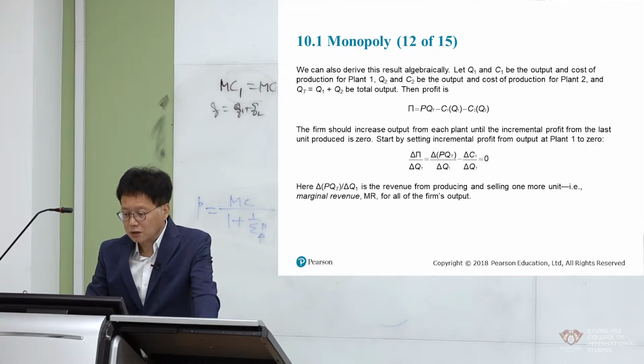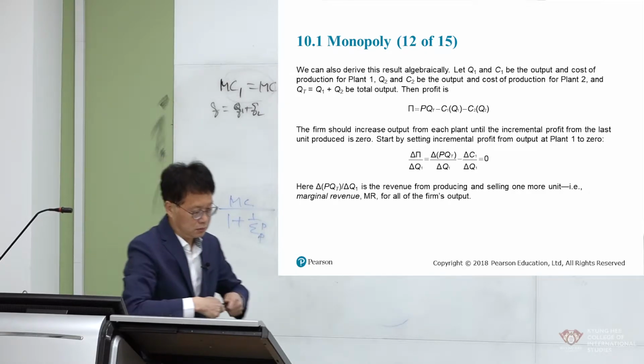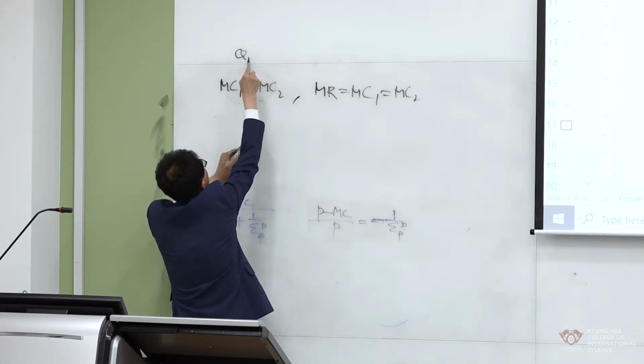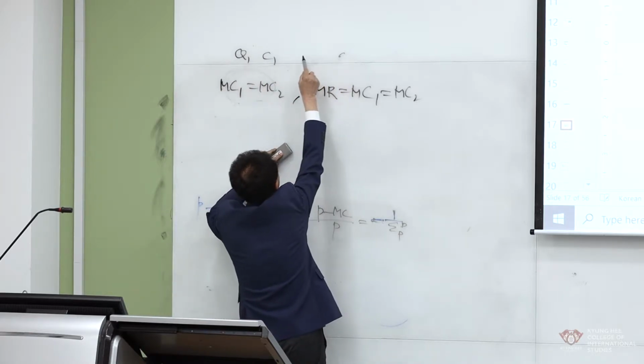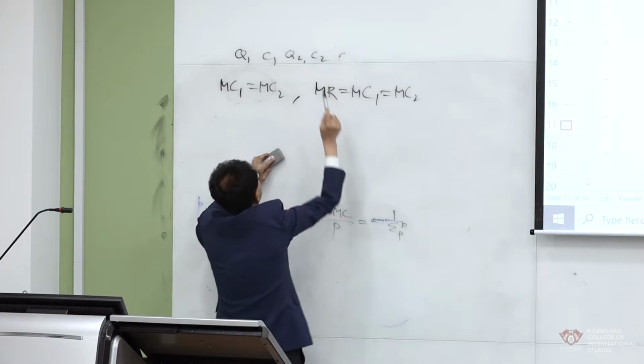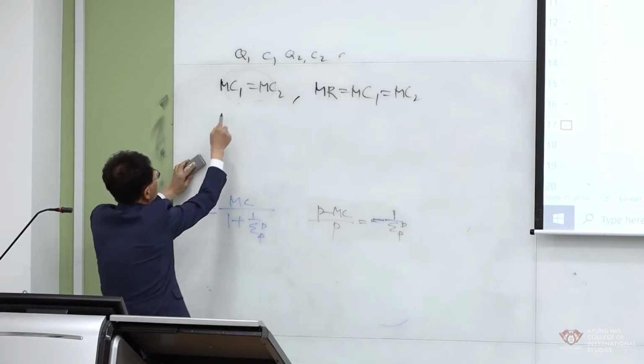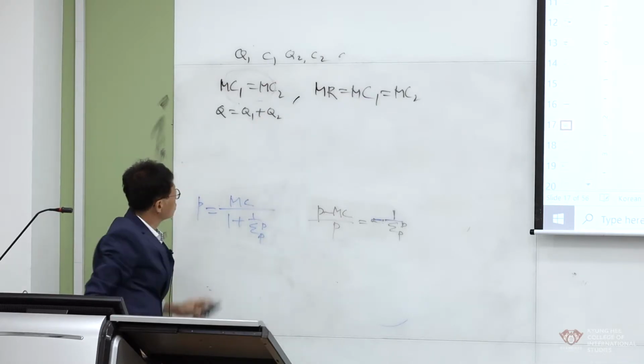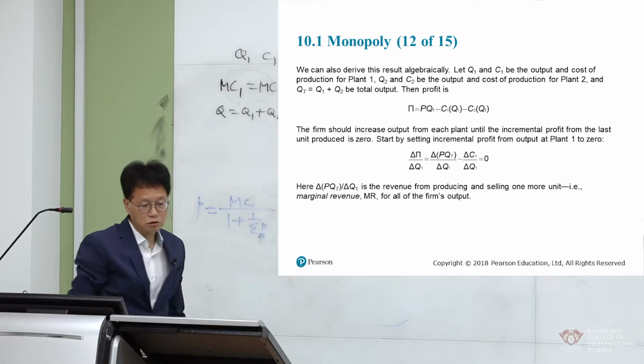We can also derive this result algebraically. Let Q1 and C1 be the output and cost of production for plant 1, and Q2 and C2 the output and cost of production for plant 2, and Q the total production. So plant 1 has Q1 and cost function C1, plant 2 has Q2 and C2. Total output Q equals the output of plant 1 plus the output of plant 2.